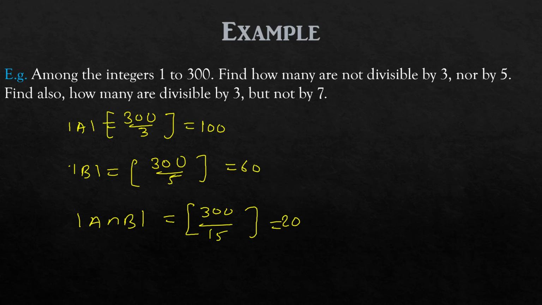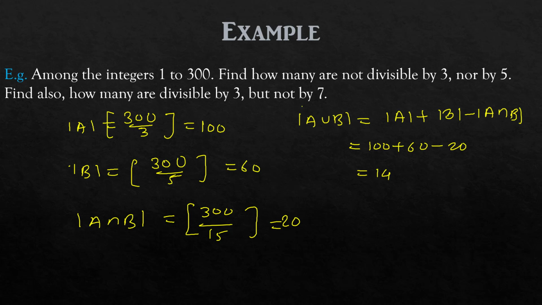Okay, so put this value in the equation. Which equation? That is number of A union B is equal to number of A plus number of B minus A intersection B. So we get number of A union B is equal to 100 plus 60 minus 20. So we get 140.